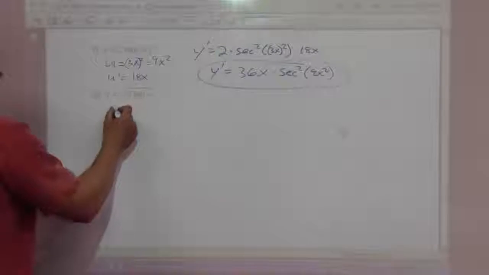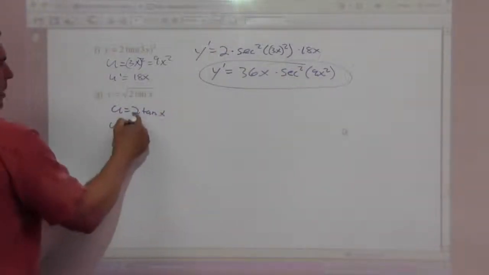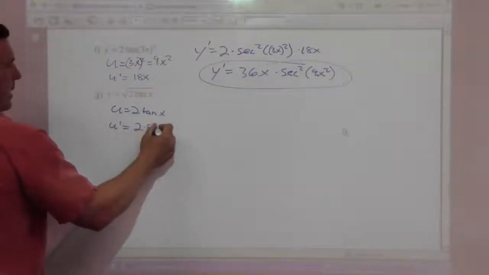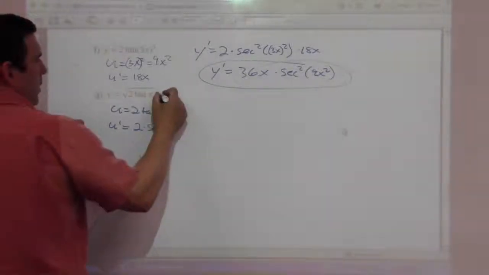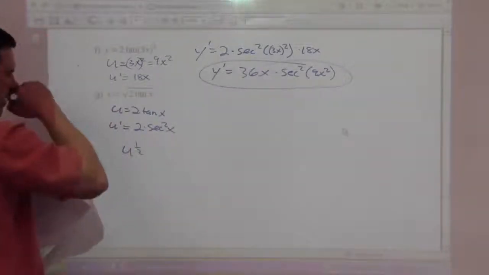And this last one is going to be the square root of 2 tangent x. So u prime is going to be 2 times secant squared x. So think of this as we have u to the 1/2 power.